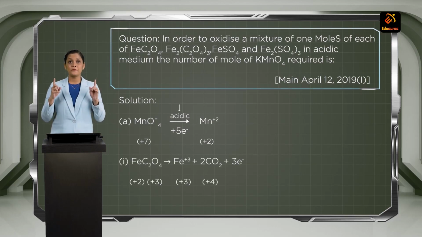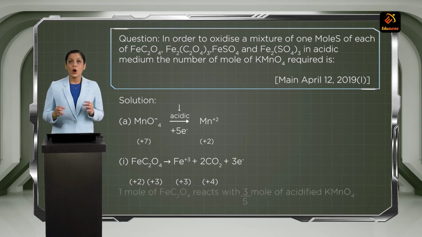Now, for the first compound, that is FeC2O4, ferrous oxalate, iron is in +2 and carbon is in +3. And both of these elements will get oxidized. Means iron goes to +3 and carbon goes to +4.